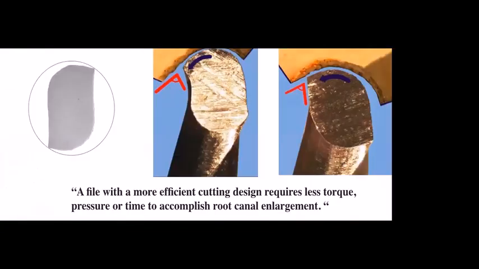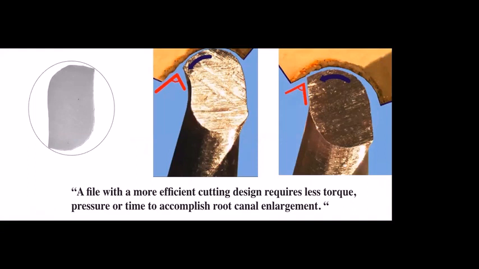Another important thing that we have to analyze when we use a file is the cross section. Why? Because if we have a file that cuts efficiently, the torsional stress will be lower. So the chances of having a fracture due to torsional stress will be lower than if we use a file that is not efficient.